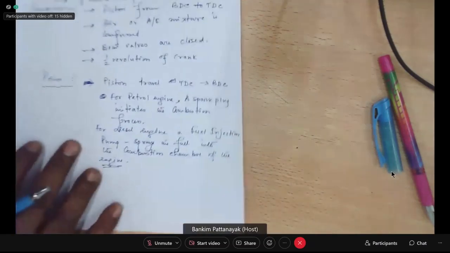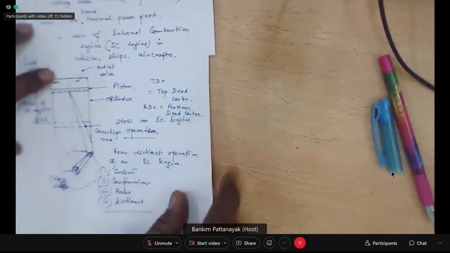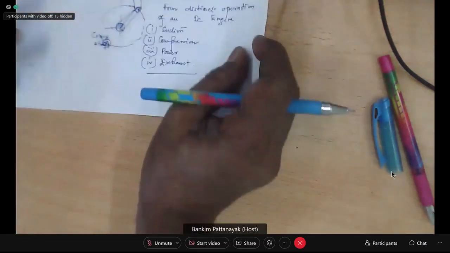Which one is the combustion chamber? Once again, go back to the earlier diagram. Here it is, the diagram.